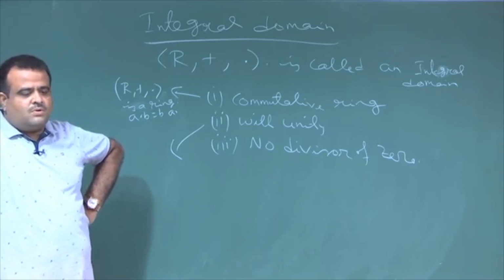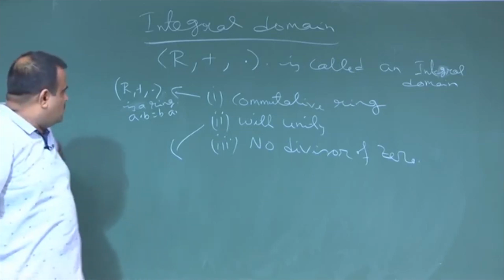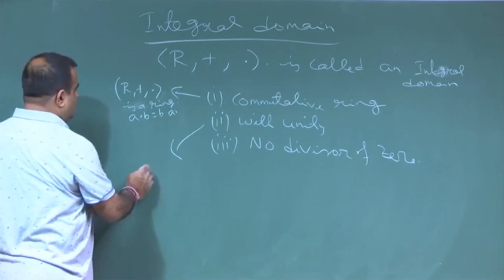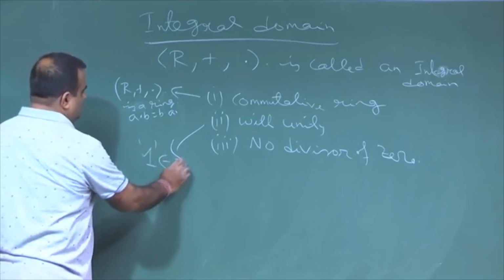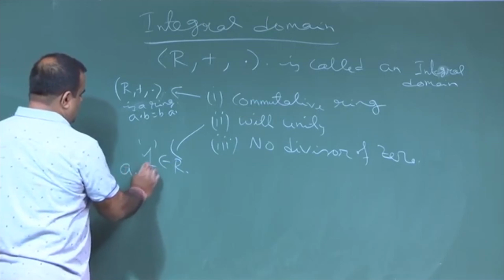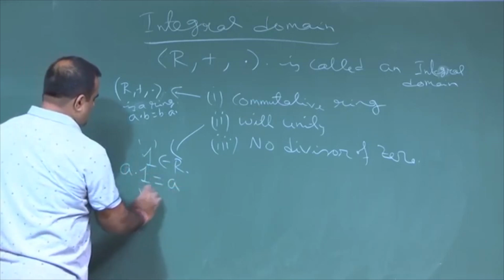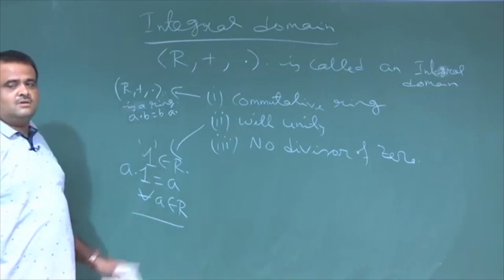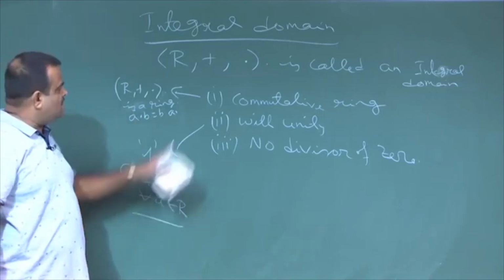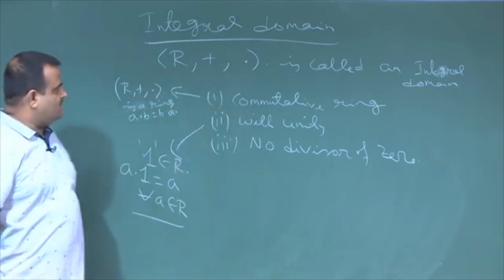Now we talk about the identity element for the dot, then it is called unity. So, if we have an element 1 such that A dot 1 is equal to A for all A, then it is called the unity element. This is called the identity element under the multiplicative operator.